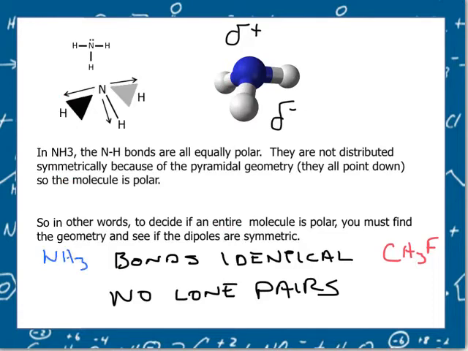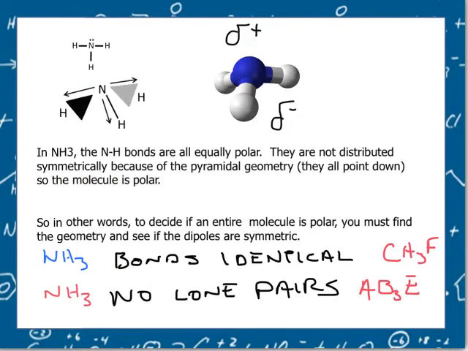However, it did not pass the no lone pairs. Even if all of your bonds are identical, like in NH3, you also have to have no lone pairs. So no geometries with, we would call this one A, B, 3, E. So no geometries with lone pairs, because those lone pairs break up your symmetry because they're going to take up real estate that isn't a bond.